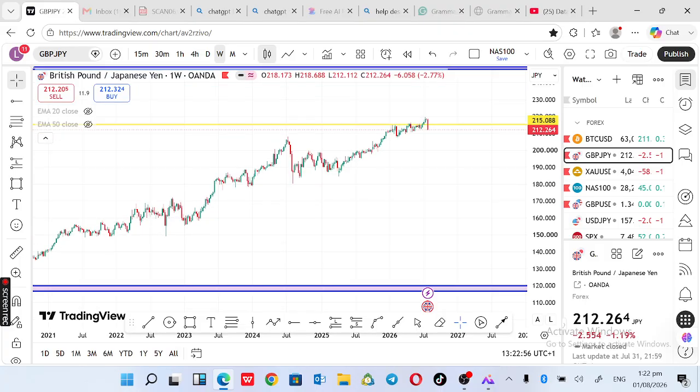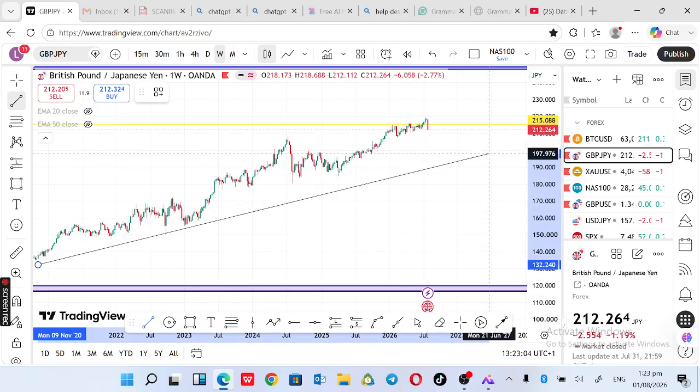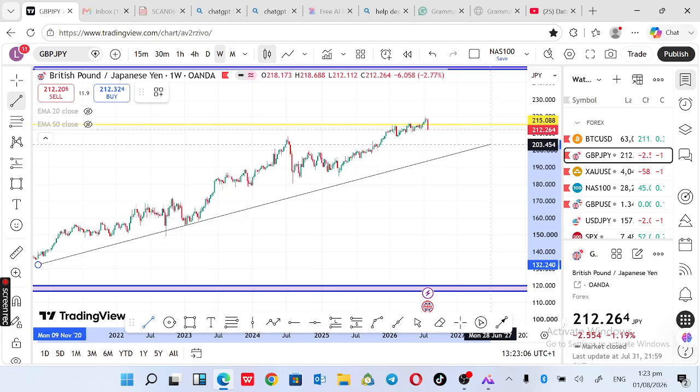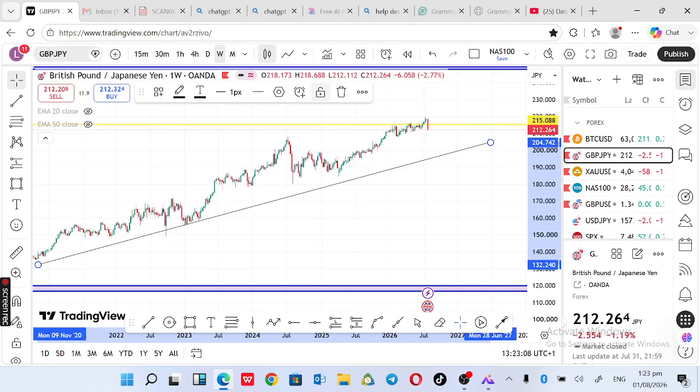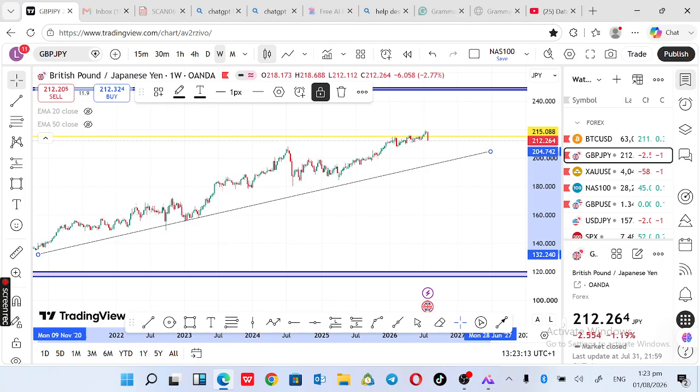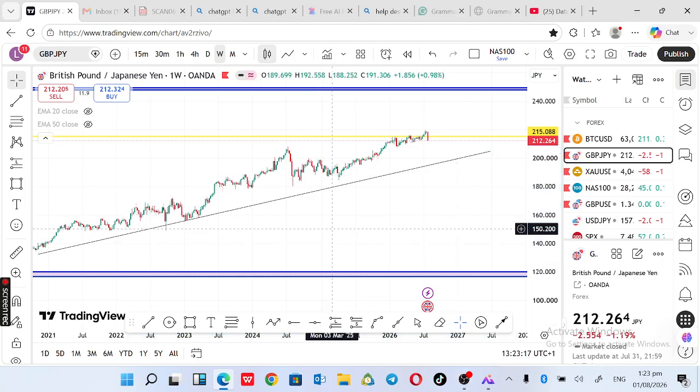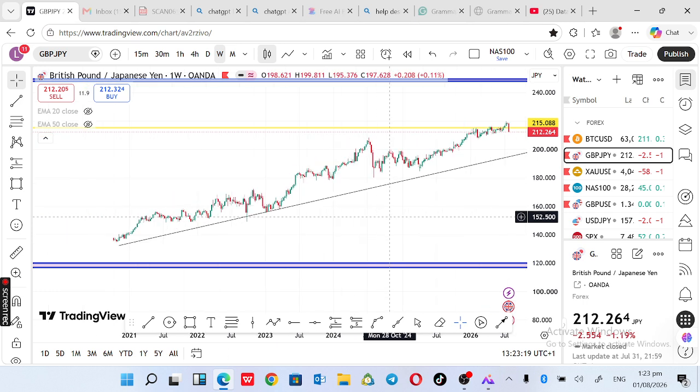Remember, our monthly is just to get direction, weekly and daily is to get our structure. So overall direction is still a bullish trend. So what we have here is bullish, right? This is pure bullish.